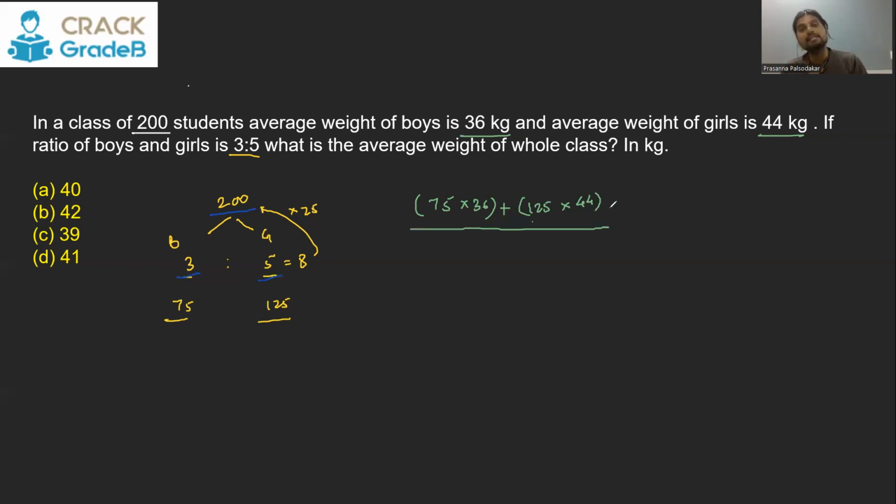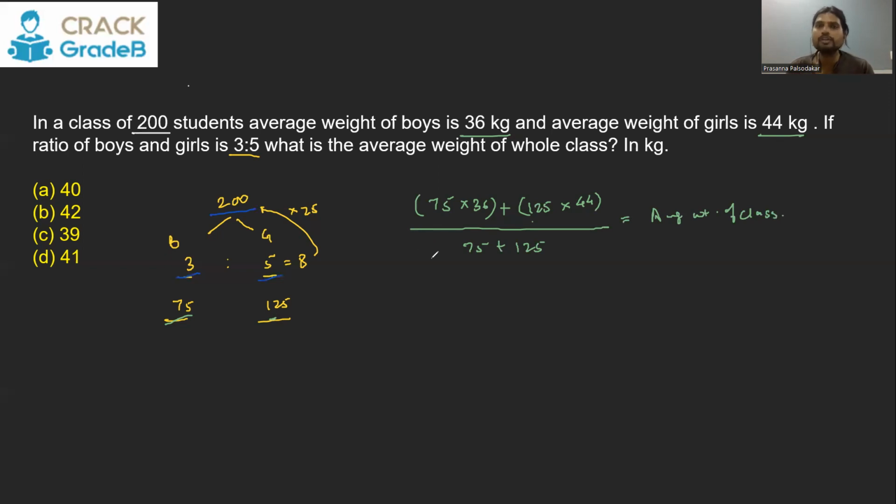The total weight of the class is divided by the total people in the class. So total people in the class means boys plus girls, so 75 plus, sorry, 75 plus 125. Boys plus girls. That should be the average weight of the whole class.